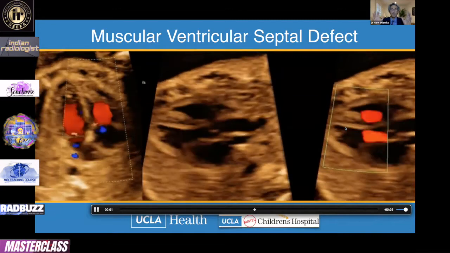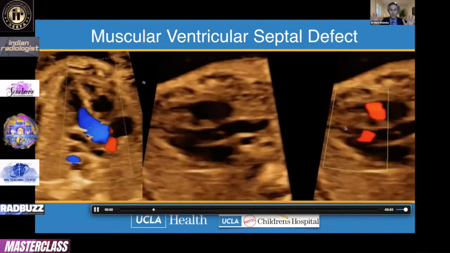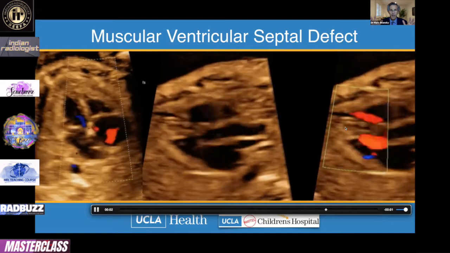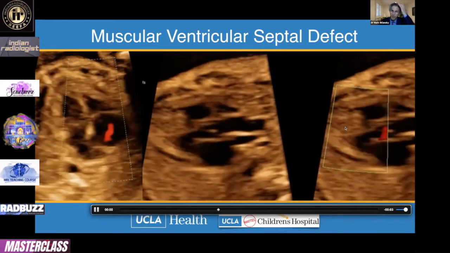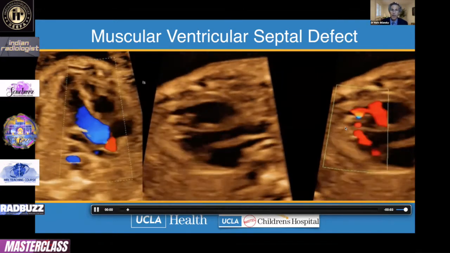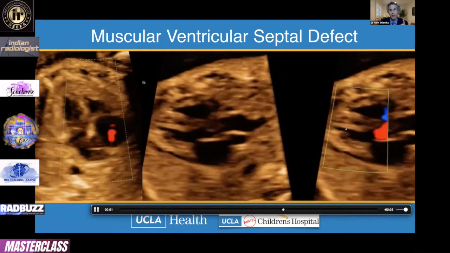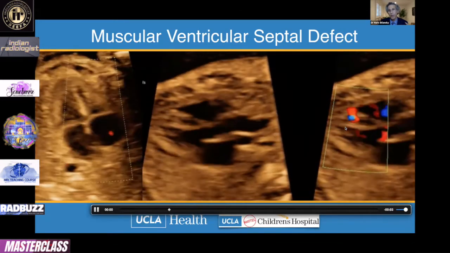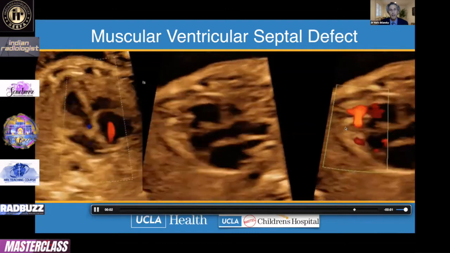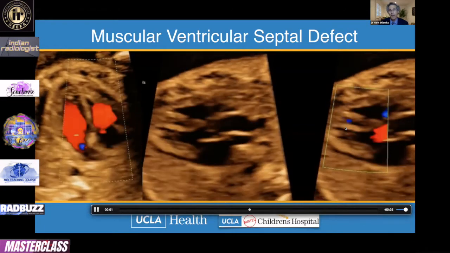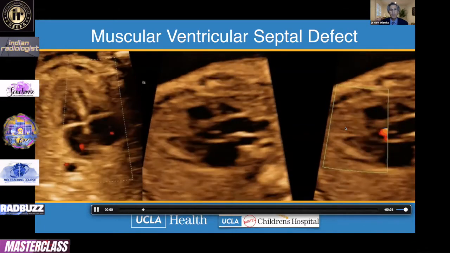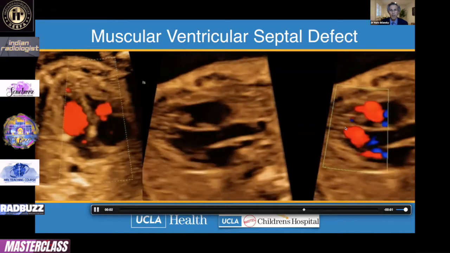So the key for muscular VSDs is to optimize the angle and optimize the image, and then use color on top, because many of these defects are so small, you won't pick them up without the color. And of course, generally speaking, they're very benign, but I do personally mention the small possibility for an associated genetic abnormality.